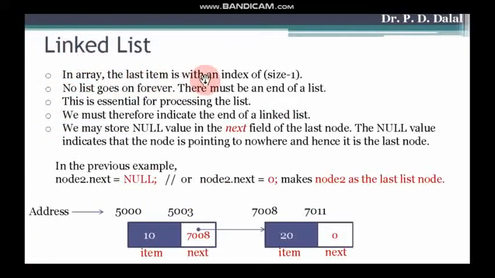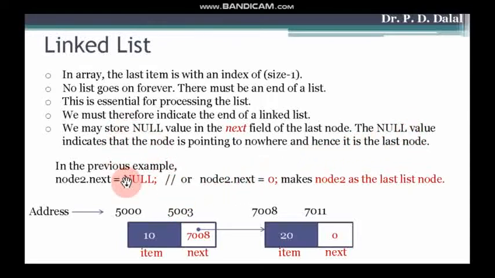In an array, the last item is always represented as the index size minus 1. Similarly, no list goes on forever. There must be an end of the linked list. So how do we represent the end of the linked list? We will use a null value in the next field of the last node.